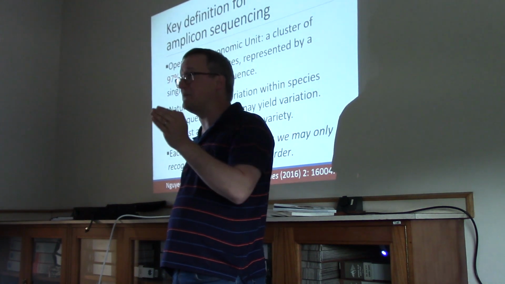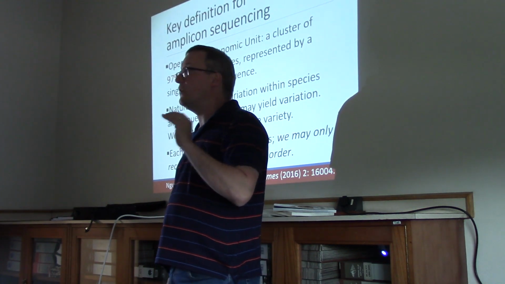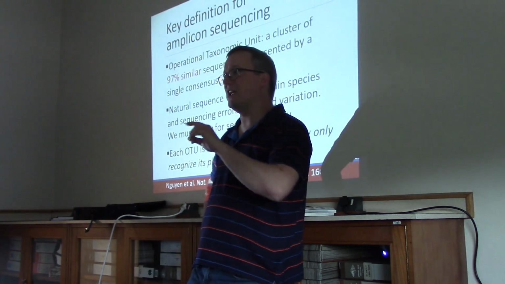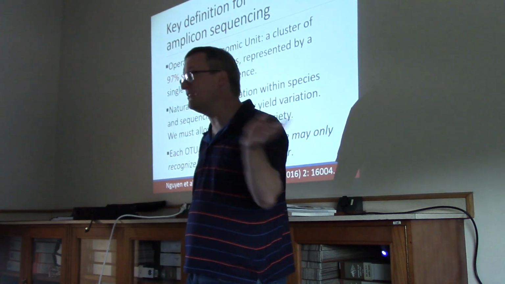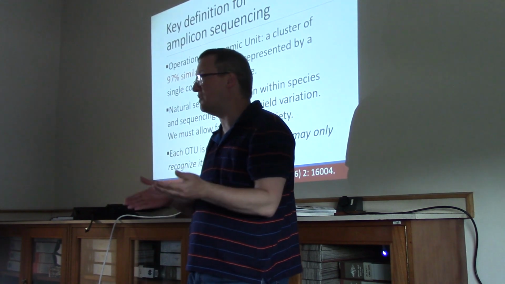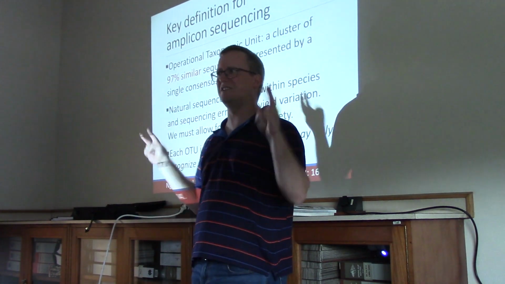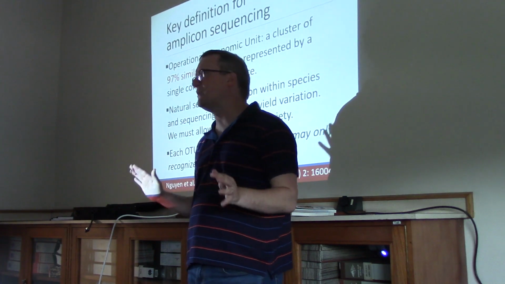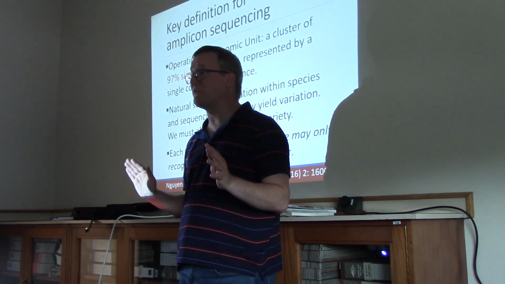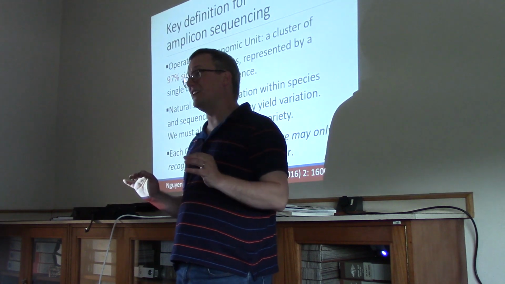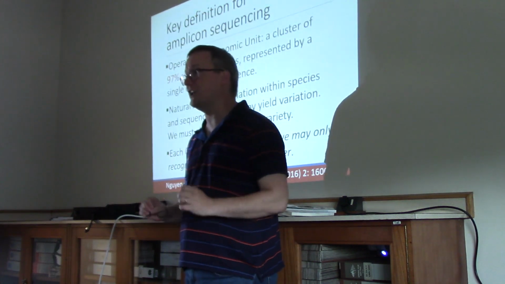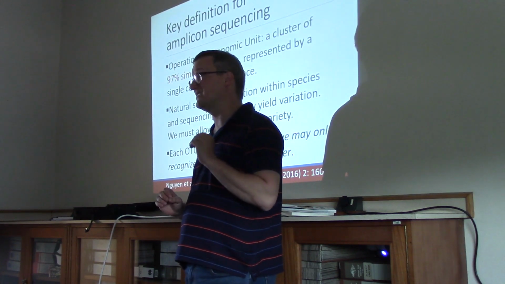You could be under that misconception. What that's going to lead to is that every time you have a sequencing variation, like a missed base call in that amplified region, you're going to invoke yet another species to explain it. And that's not very parsimonious at all, because after all, lots of bacteria have lots of sequence variation within species.